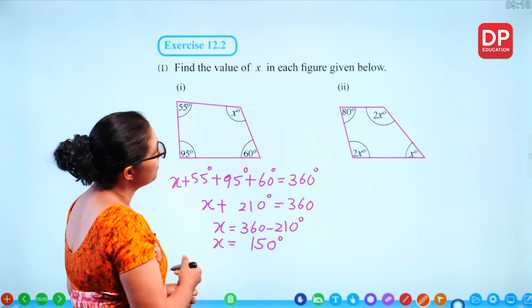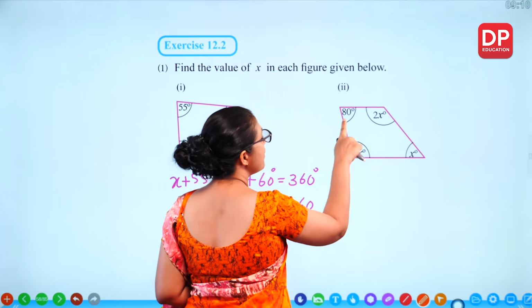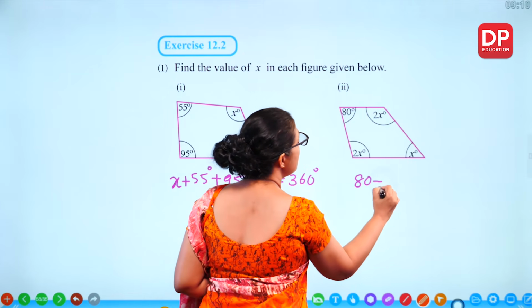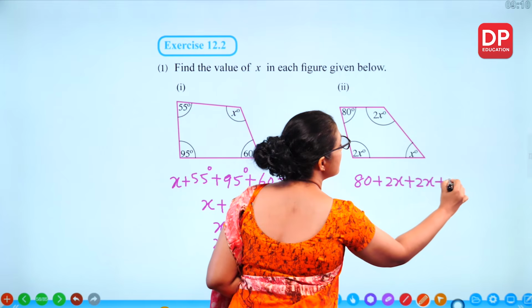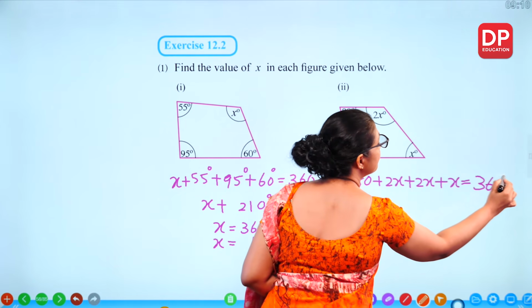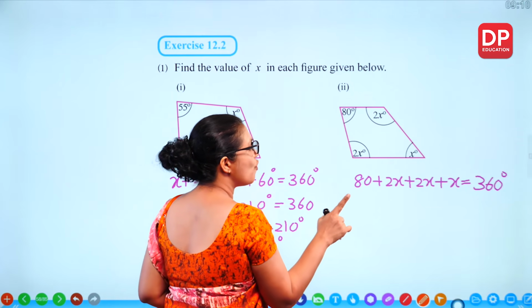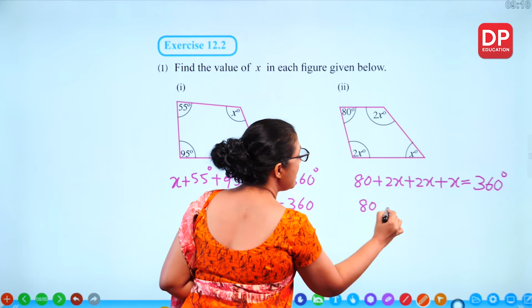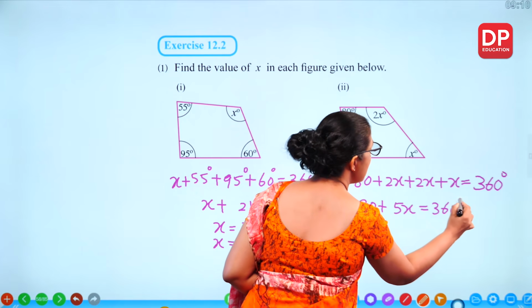This one, you need to find out x. This is also a quadrilateral. All these angles add up to 360 degrees. Add like terms, 2 plus 2, 4, 4 plus 1, 5. So 80 plus 5x equals 360.